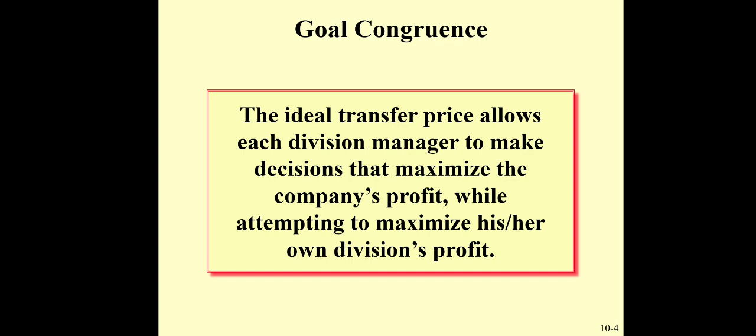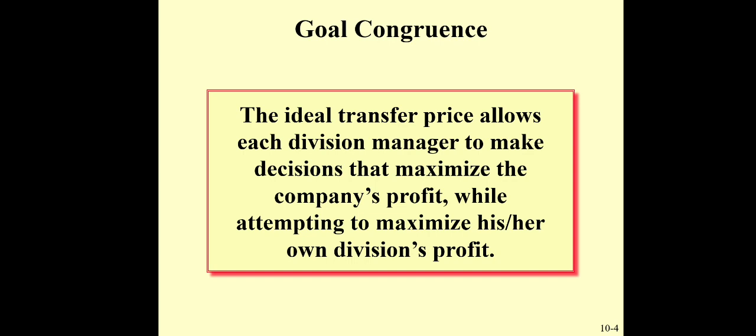Okay, goal congruence. This is a very good point that you have to remember. The ideal transfer price allows each division manager to make decisions that maximize the company's profit while attempting to maximize his or her own division's profit. So always remember this.